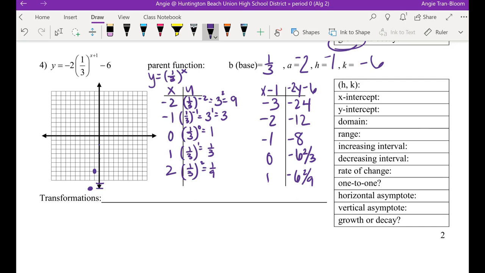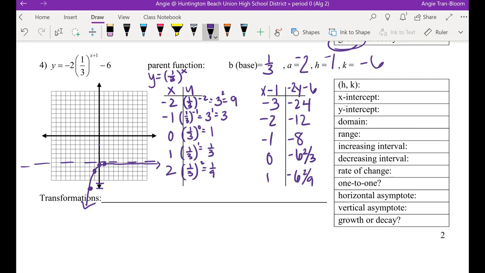Yep, 2, 4, 6. So 6 is right there. So it's a -6. Okay. So I know not to go over that. So I have 0 and -6 and 2/3. And 1 and -6 and 2/9. I'm getting closer to the asymptote, I just can't touch it.